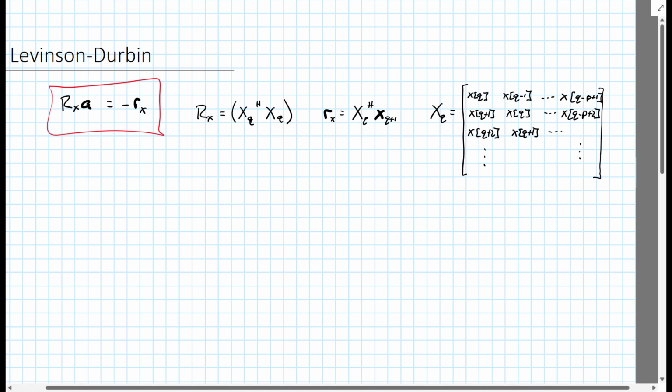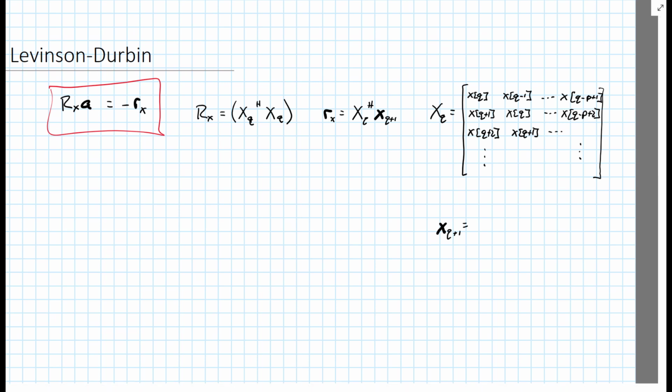We've also defined this vector q plus 1, which refers to the very first element of the vector, so that's little x q plus 1, x q plus 2, and so on.